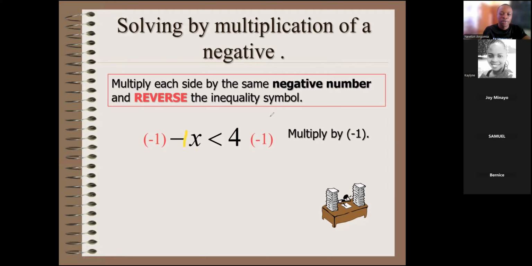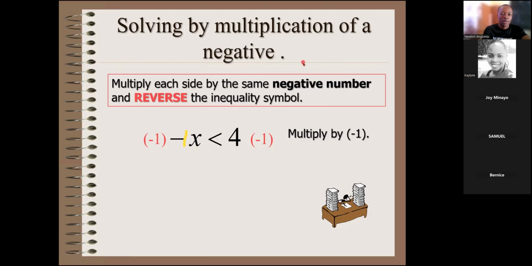Now when you are multiplying by negatives on both sides of our inequality, you have to change the direction of that inequality. This is less than, so changing it will reverse it to become a greater than.